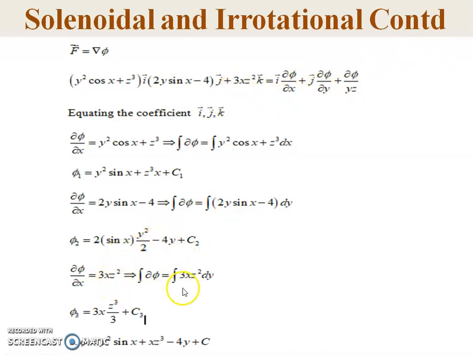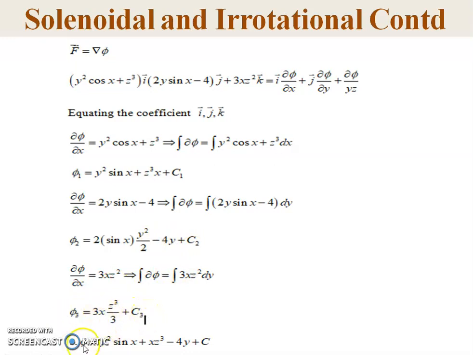Integrating this with respect to z becomes 3x into z³/3, cancelling gives xz³. For the first phi we have y² sin x + z³x + c1. The second is y² sin x - 4y + c2. The third is xz³ + c3.